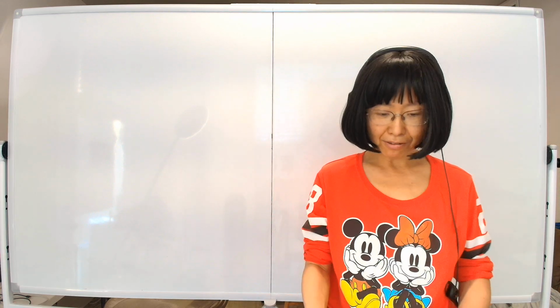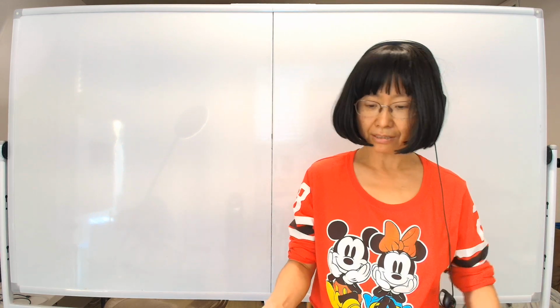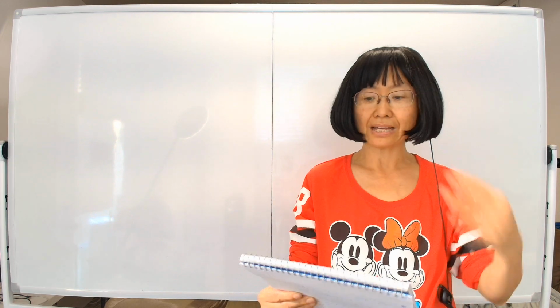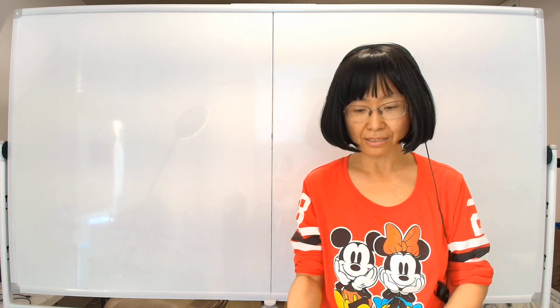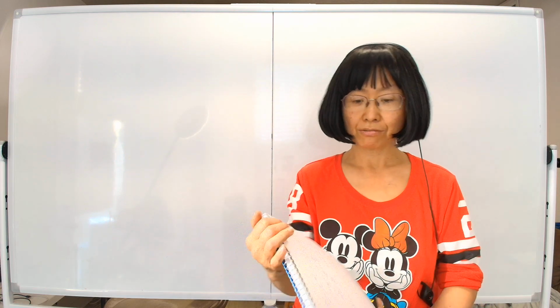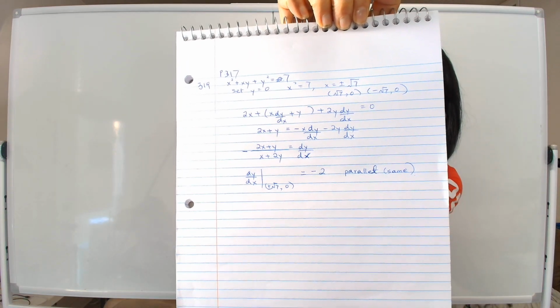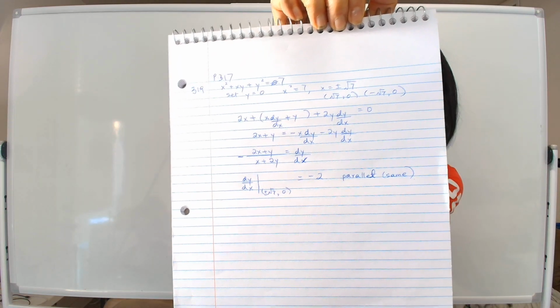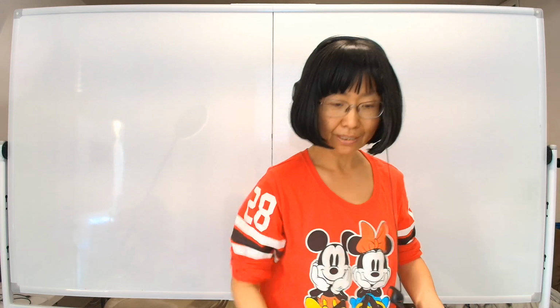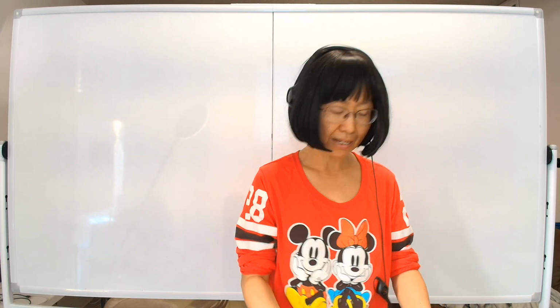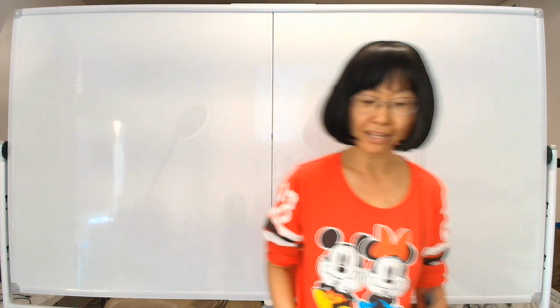No, I don't think I'll go over 319. The only difference in 319 is that it asks you to find the x-intercept first, which, as you can see, I've already done. It's pretty straightforward, and I don't think it's really worth mentioning. So I will simply let you do that as homework, and that's the end of this class.